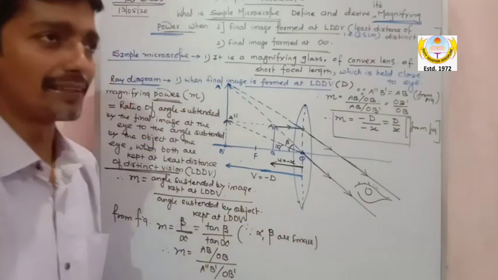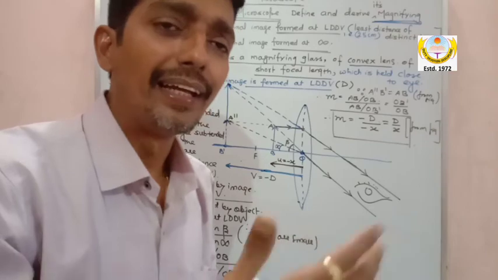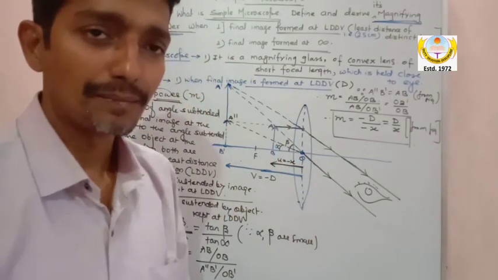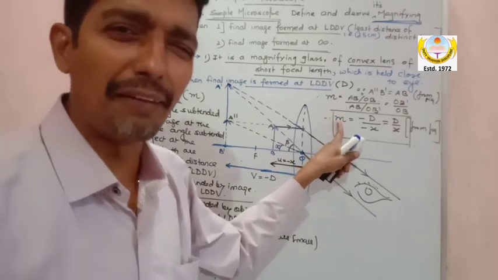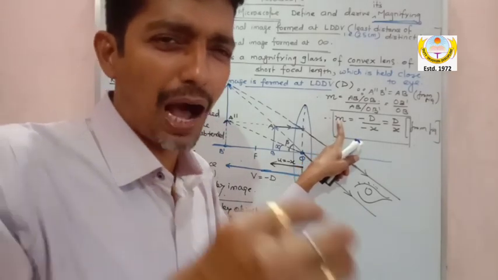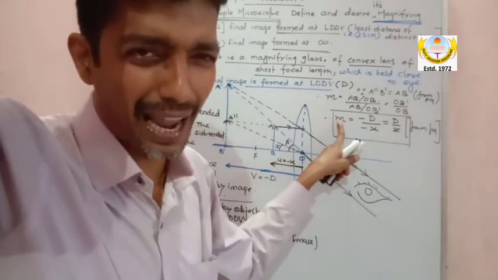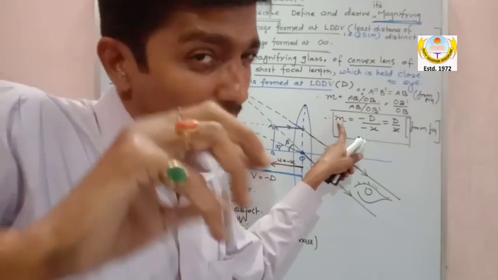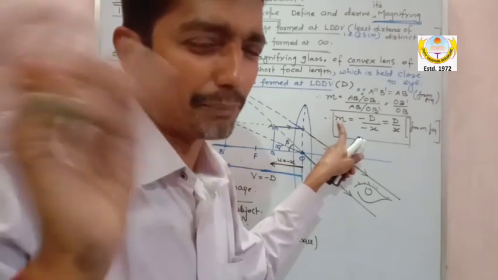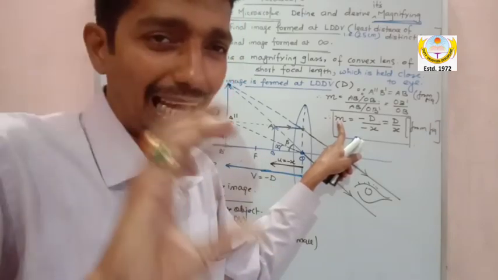Now my dear, the science wants this formula to be elaborated in terms of the focal length of the lens. Because when I say magnifying power of lens, immediately a student thinks, oh God, power of lens must be the reciprocal of focal length or something like that.